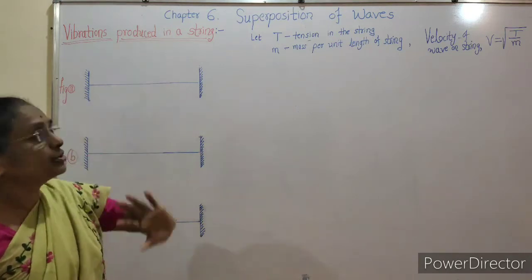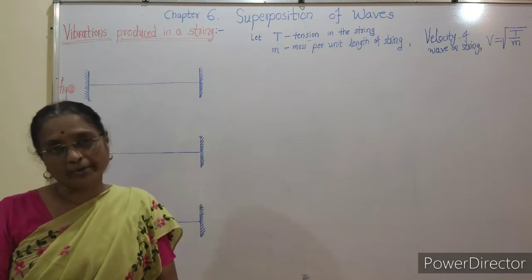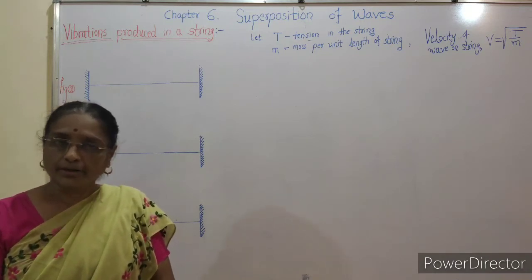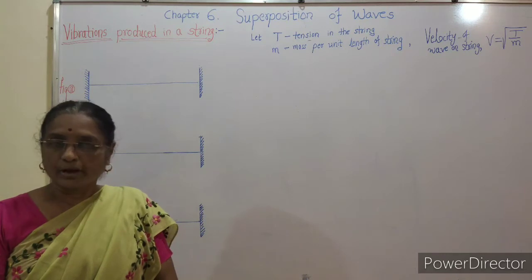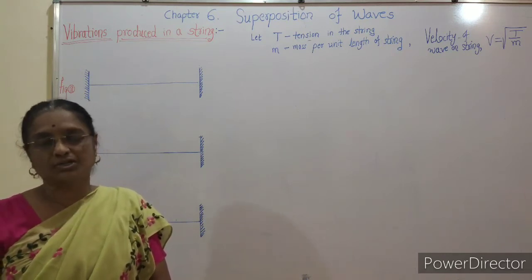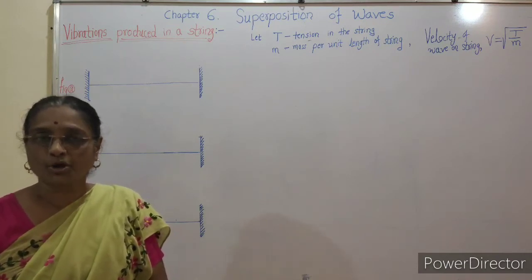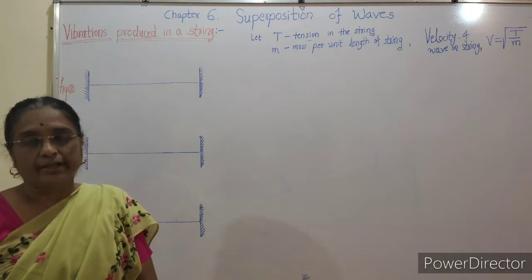Here vibrations are produced in a string. Different types of vibrations, different types of waves we have to study. Those waves or vibrations are called modes of vibration on the string.